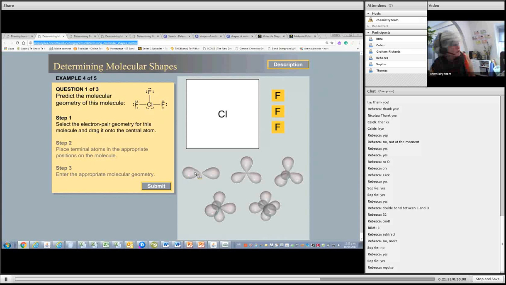So if I've got 2 regions of negative charge, then to get as far away from each other in all directions, they have to be 180 degrees from each other. Okay, so this is for 2 areas of negative charge. For 3 areas of negative charge around the central atom, it's actually still going to be planar, but they're going to now be 120 degrees from each other. If I try and move one closer to the other, then they're going to just repel again.